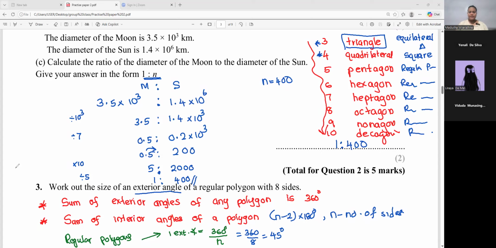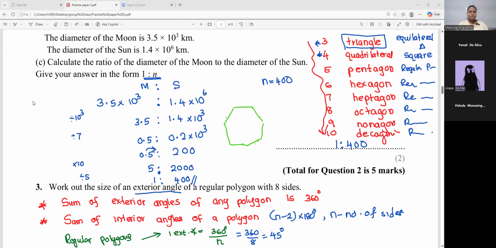Then if they ask to find the interior angle, if I draw this polygon, it's like this. Anyhow, 8 sides should be there. 1, 2, 3, 4, 5, 6, 7.